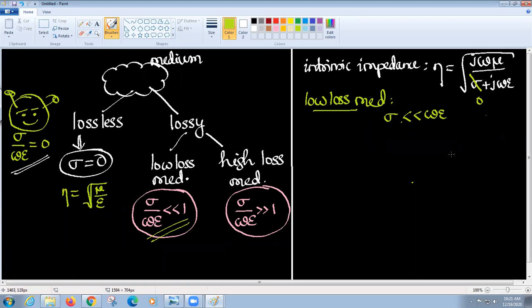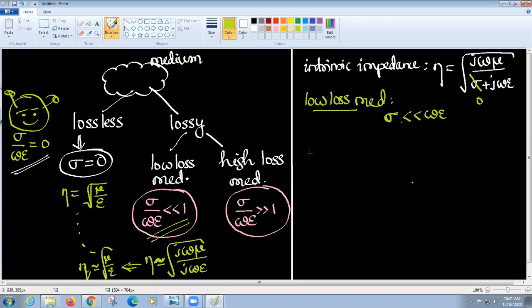Can I say eta is approximately equal to square root of j omega mu by j omega epsilon? Yes or not? So therefore, I am taking approximately equal to. So eta is approximately equal to square root of mu by epsilon. So both are okay. Lossless and low loss, eta remains almost the same.